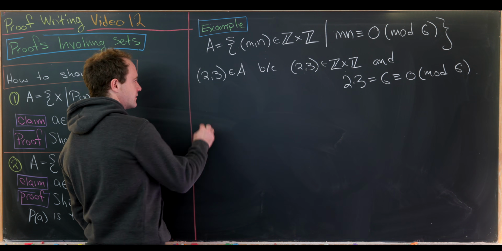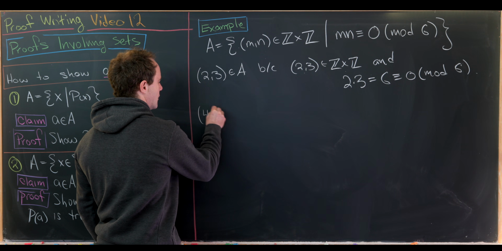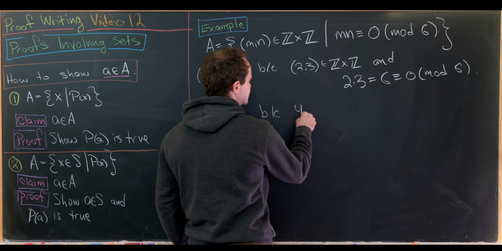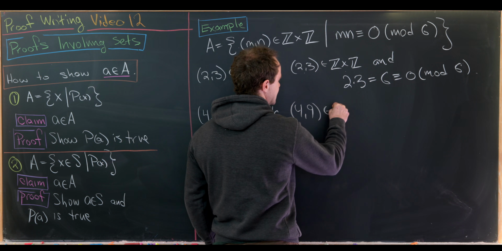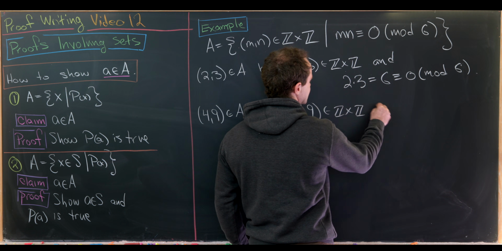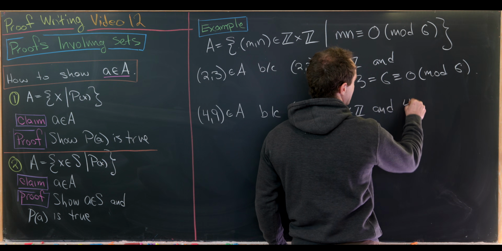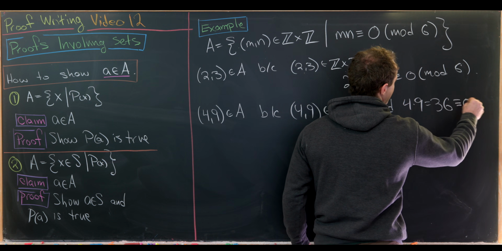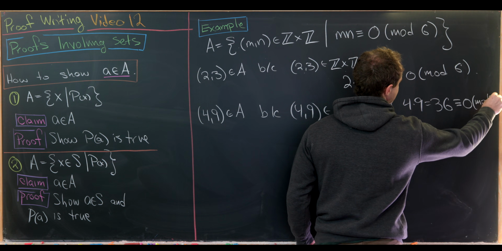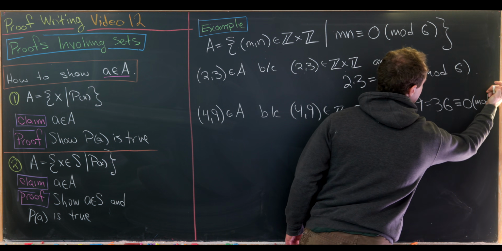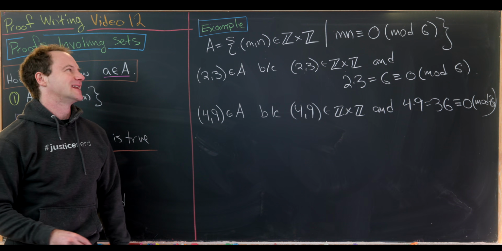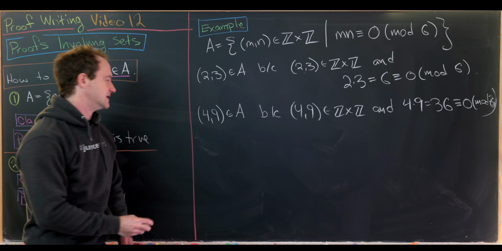Now let's look at another one. The ordered pair (4, 9) is in A, and that's because (4, 9) is an element of Z cross Z, and 4 times 9 is equal to 36, but 36 is a multiple of 6, so it is congruent to 0 mod 6 as well. In fact, we could find an infinite family of elements in this set.